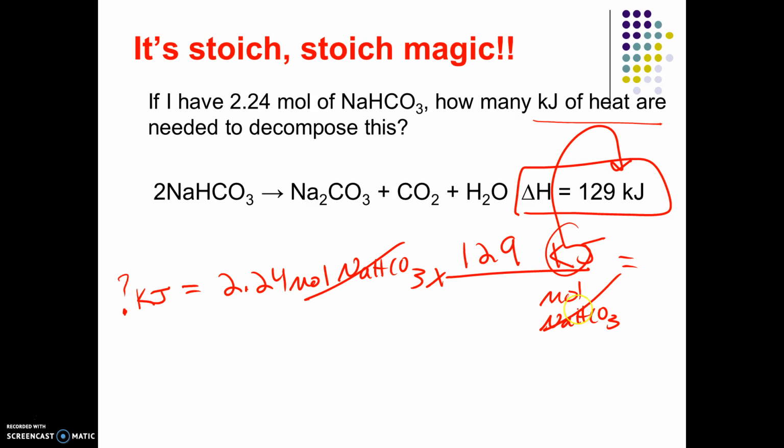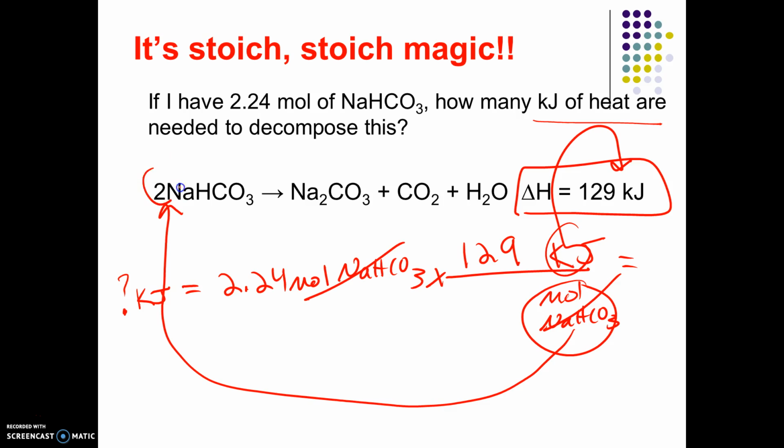Then I've got to ask myself, well, 129 kilojoules, that's what's needed to convert how many moles? Go to your balanced equation. This 2 represents moles. 2 moles of sodium bicarbonate will require 129 kilojoules. So that's my fraction. At this point, I just need to bust out my calculator.